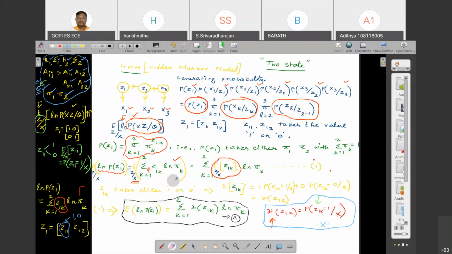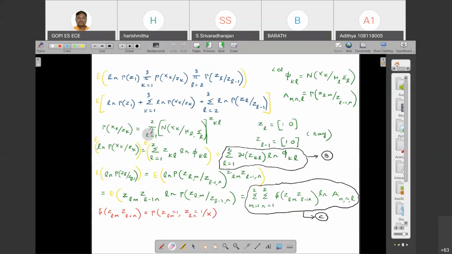Similarly, let us go for the next one. What is the next one here? The next one is the probability of xk given zk. What is that basically? It is basically a Gaussian density function, so it depends upon the value of zk.